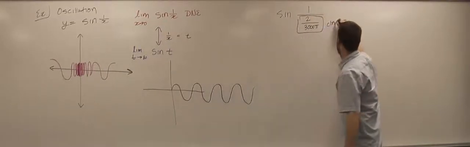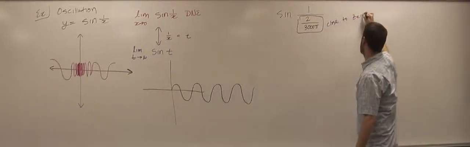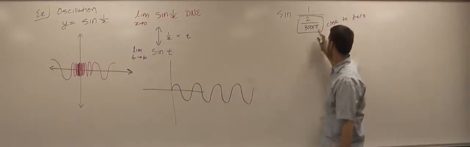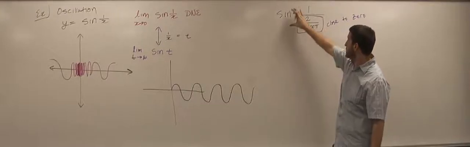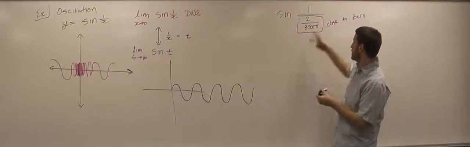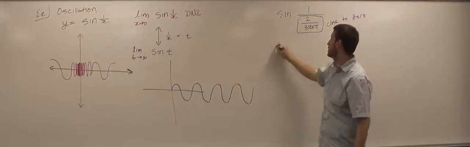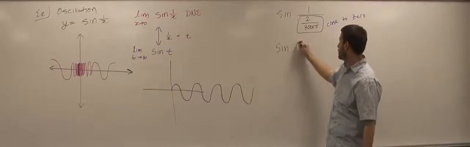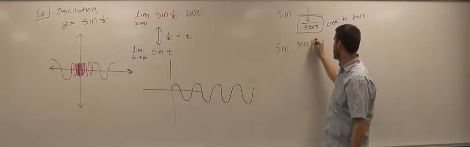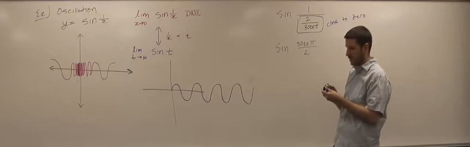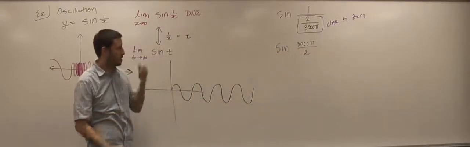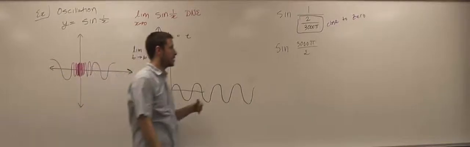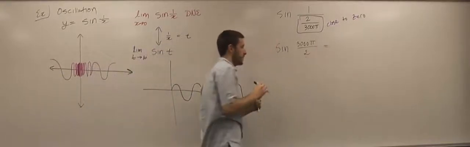If you take 2 and you divide it by 9,000-ish, it's going to be very close to 0. But what does this evaluate to? Well, it would flip up, so it would be 3,000 pi over 2, which is 1,500 pi. So then what's sine of 1,500 pi?